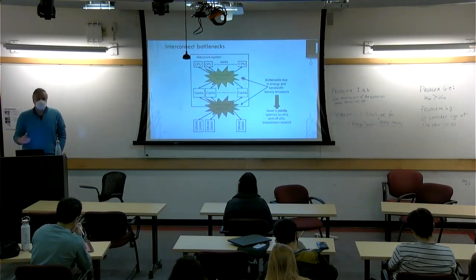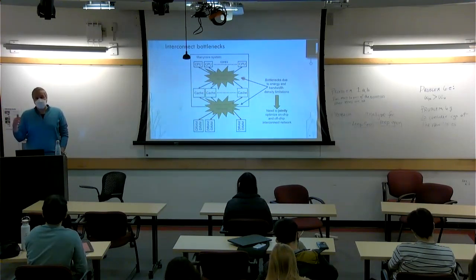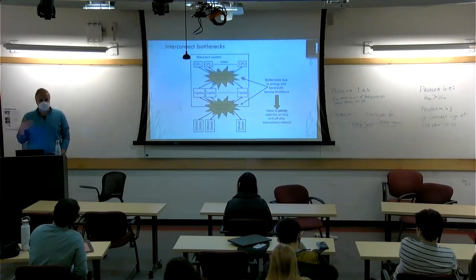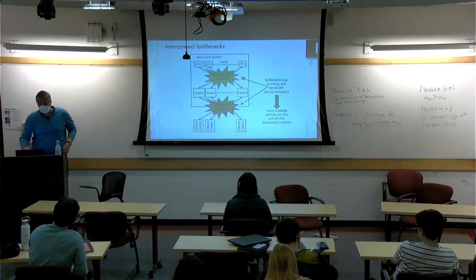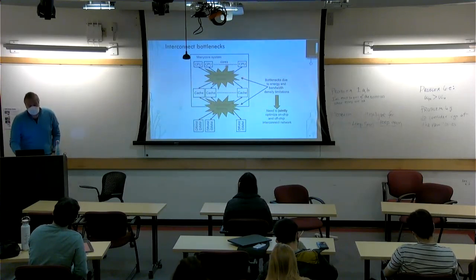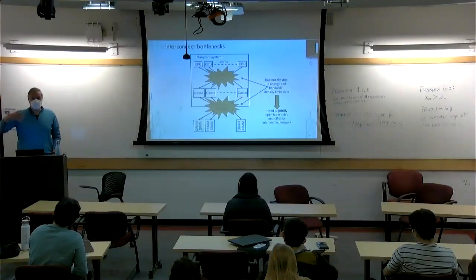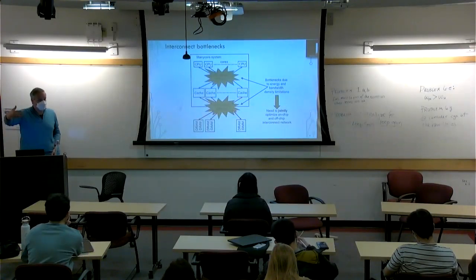Of course, in 151 to 51A, we start talking about wires and problems with wire congestion, capacitance, energy. All of these contribute to on-chip bandwidth limitations and latency, as we'll see later. And then you have this other interconnect network between your cache and DRAMs that sit outside.